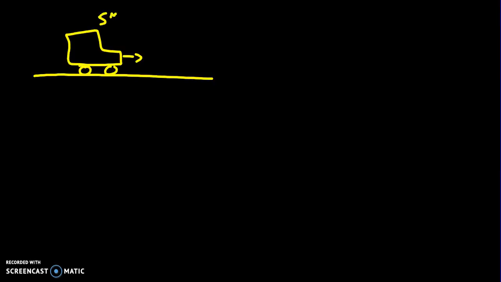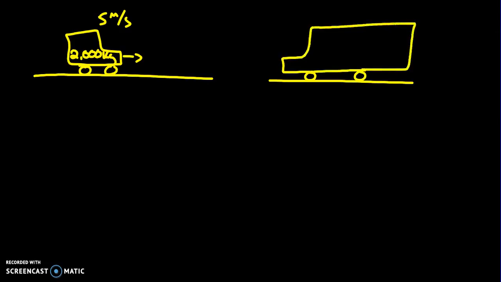So if we have two objects, let's use that car. So the car is moving at that 5 meters per second, and it's got a mass of 2,000 kilograms. But we have another object, another vehicle, a bus, and its mass is 10,000 kilograms, moving at 1 meter per second.